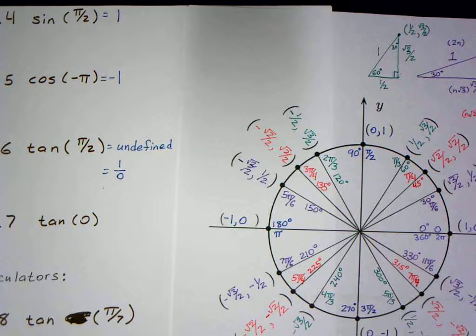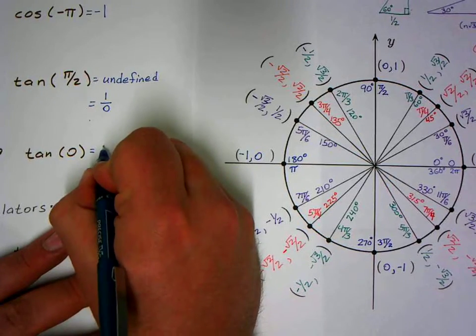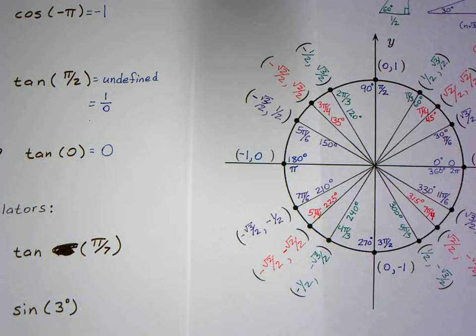When we get to graphing, you'll see that. Tangent of 0. 0 over 1, which would be 0. So we just took tangent of 0 degrees.